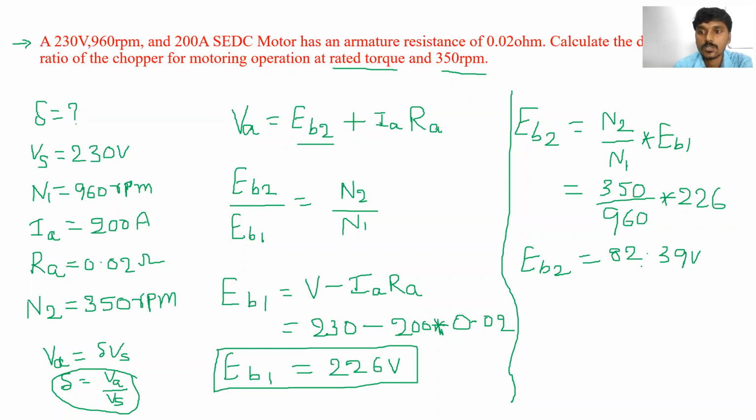Okay, EB2 is equal to 82.39 volts. Clear? So now what we have to find out? VA. So VA is equal to 82.39 plus 200 into 0.02.